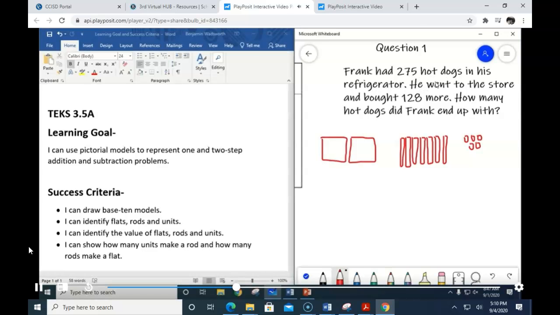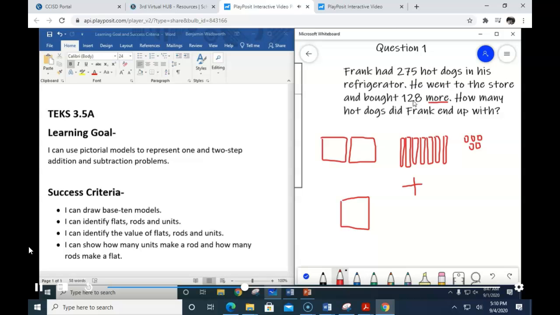Okay, it says he went to the store and bought 128 more, right? So I feel like we're going to be adding more to what he already has. So let's put a plus sign here. And then we're going to add in our 128 in the base 10 model format, right? Okay, so we have a 1 in the 100 space, which means we're going to have 1 flat.